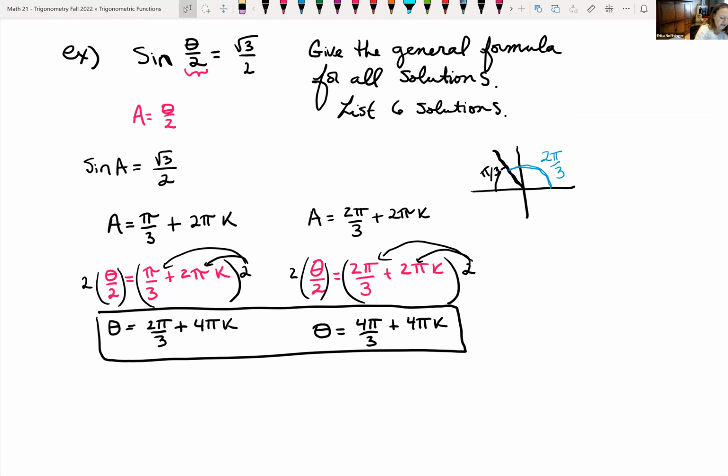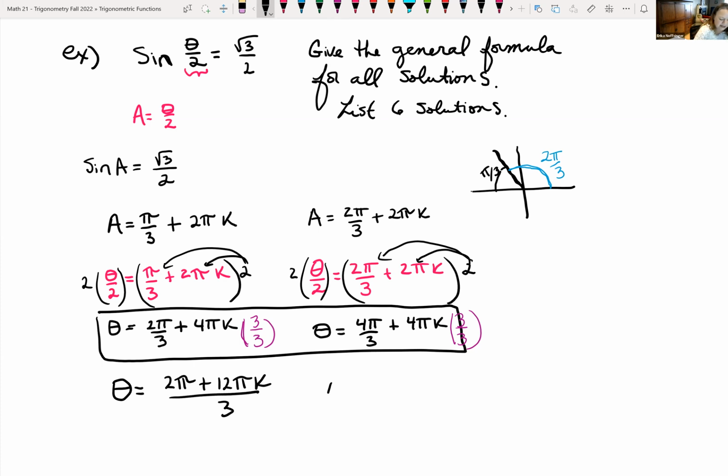And so to me, it's easier if I'm going to have to start plugging in values for k, so I don't have to get a common denominator each time, to multiply this by the fancy one to get that common denominator. So we can say, well, theta then is equal to 2 pi, multiplying 4 pi k by 3 over 3 is plus 12 pi k all over 3.